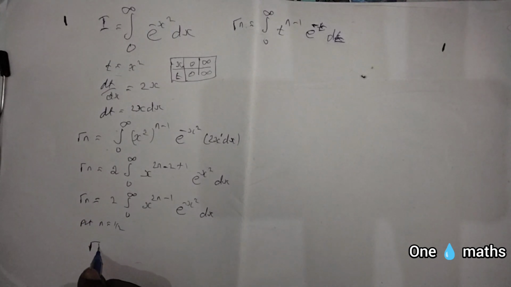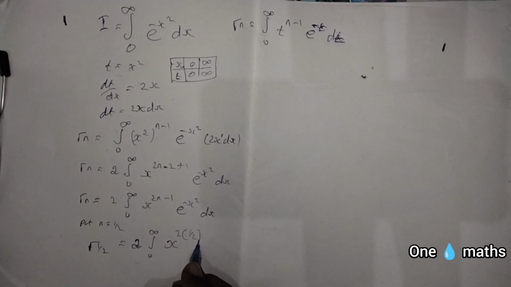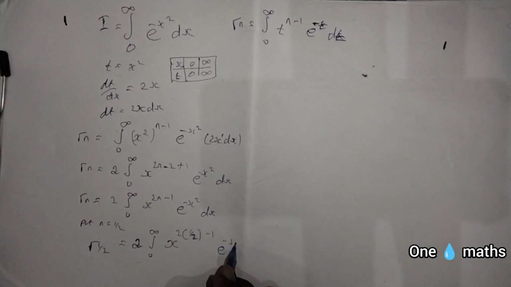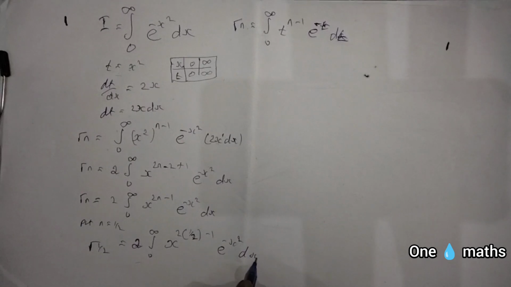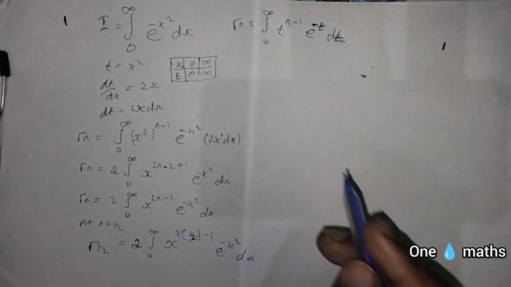Instead of gamma n, substitute 1 by 2, equal to 2 into 0 to infinity x power 2 into 1 by 2 minus 1 e power minus x square into dx. Now the 2 is eliminated, x power 1 minus 1, 0 will come.